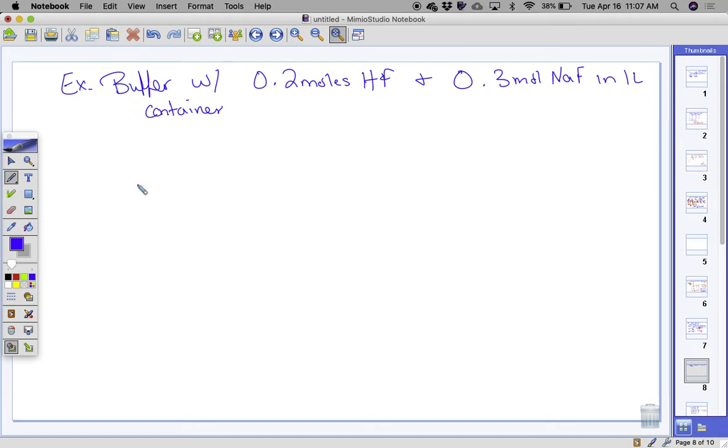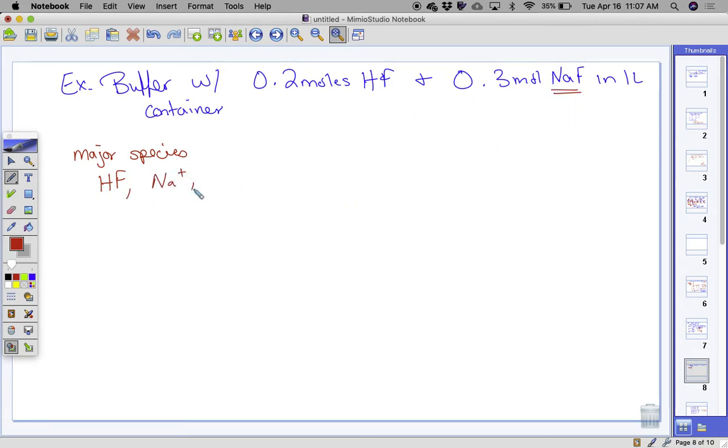All right, so what does our ice table look like? It's still going to be based on that HF. Let's start here. What are our major species in solution? H plus. All right, HF is going to stay HF because it's a weak acid, so it stays together mostly. Okay, what else? How does this exist mainly in solution?